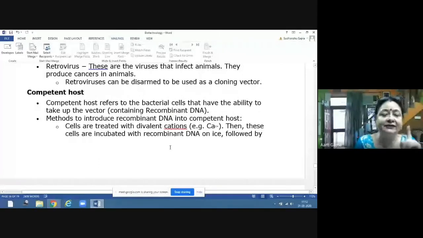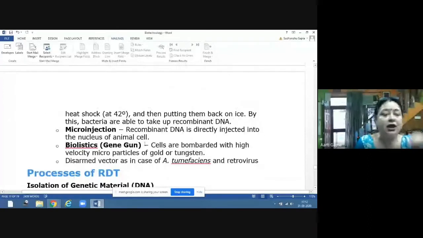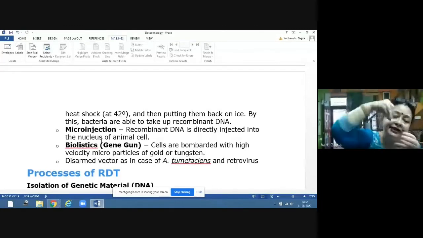The second thing is microinjection. Now these microinjections are used for animal cells, and here the recombinant DNA is directly injected into the nucleus. Now there is a membrane, then there is a nucleus, and the DNA has to be put inside the nucleus.